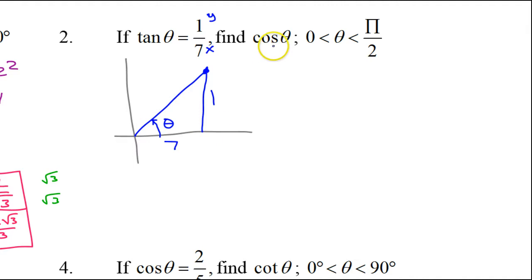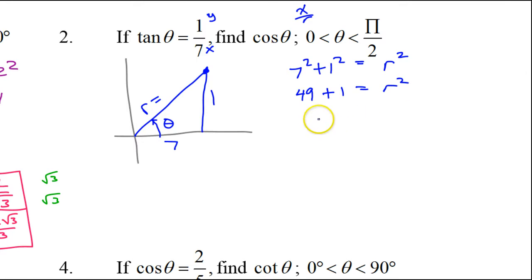Now we're supposed to find the cosine, but for the cosine, cosine is x over r. So we're going to need this radius, so we'll do the Pythagorean theorem. So 7 squared plus 1 squared is equal to r squared. So that'll be 49 plus 1 is equal to r squared.